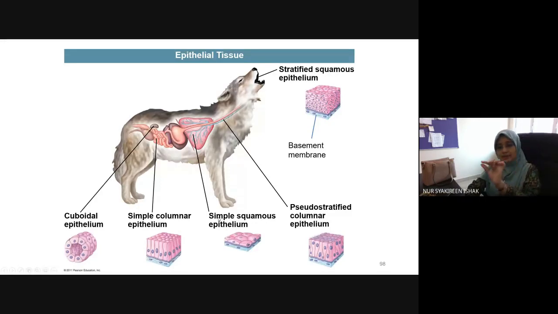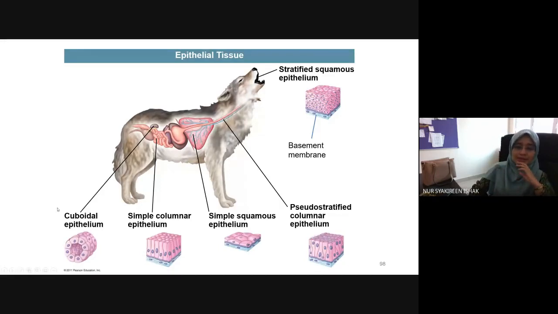Simple, one layer, squamous, cells that are flat in shape. So this, for example, you can find in the lining of the alveolus, the wall of the alveolus in the lung. And then the next one is simple columnar epithelium, which is lining the small intestine, basically one layer of cells that is long in shape.